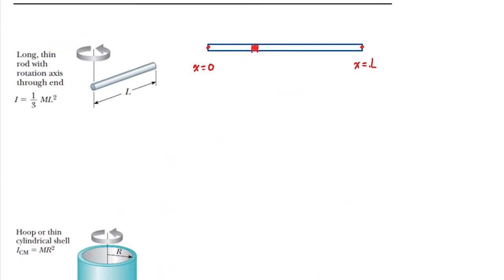We'll call that mass dm, and the moment of inertia di. That has to be the distance, this radius, which we call x, so dm times r squared, or x squared. And the mass of this piece, of course, is dm.